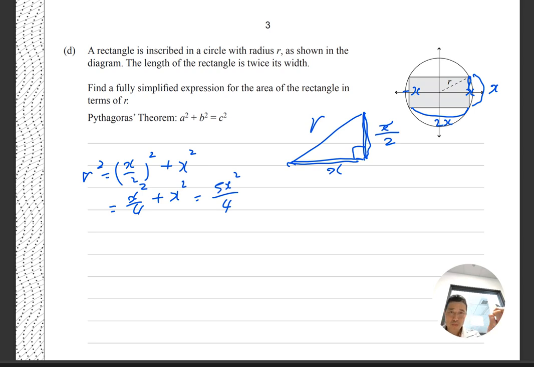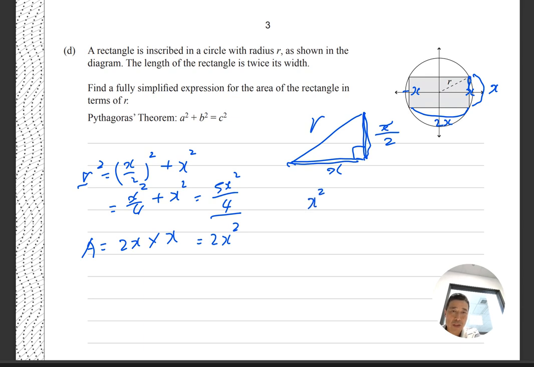And we have to find the area. So what is the area? Area is 2x times x, isn't it? Length times width. So that's 2x squared. So this means we have to find x squared, right? So we have to change this equation in terms of x squared. Make x squared the subject.